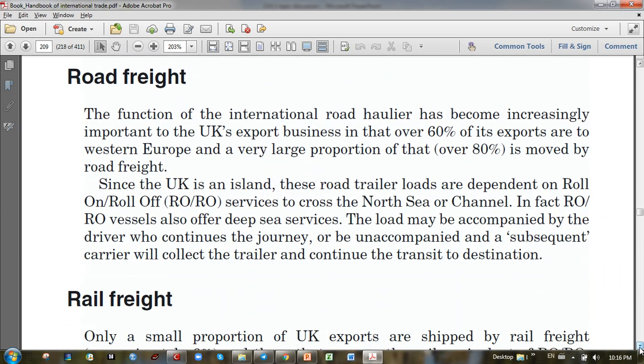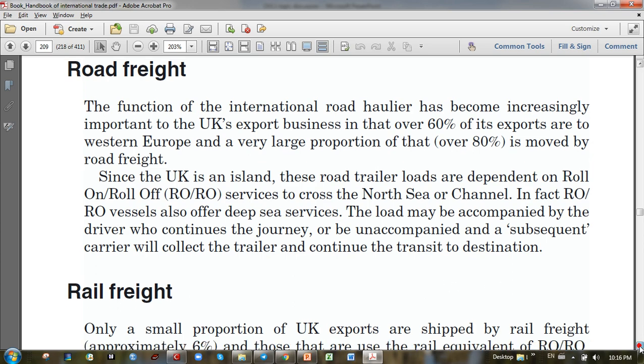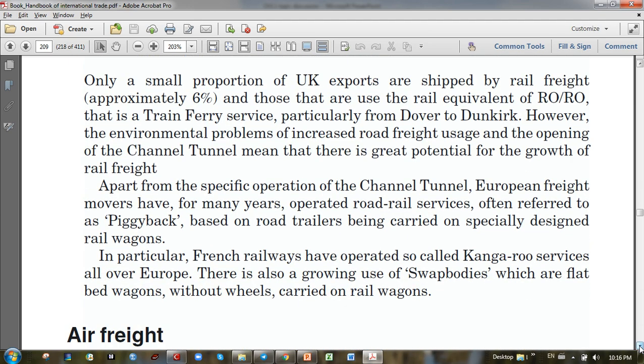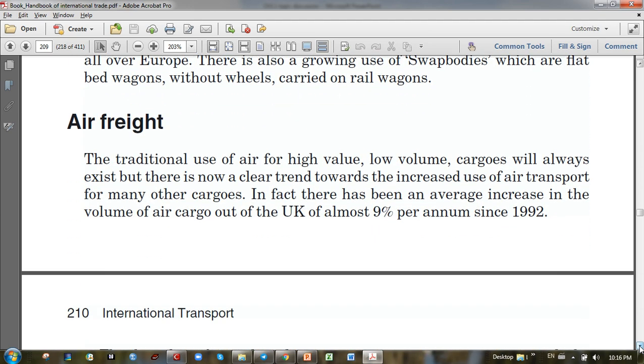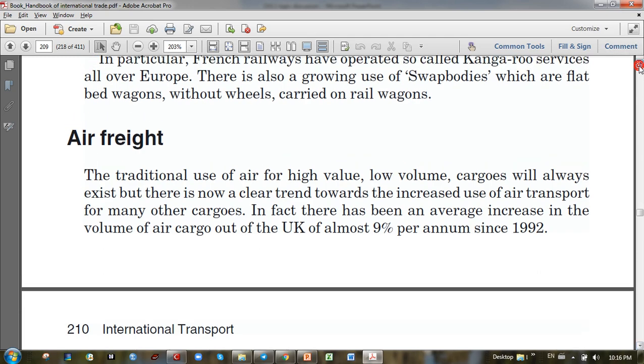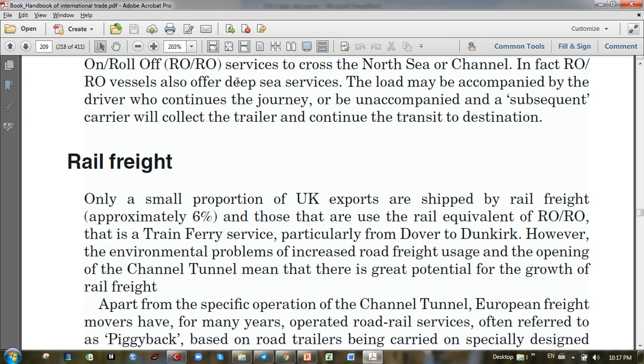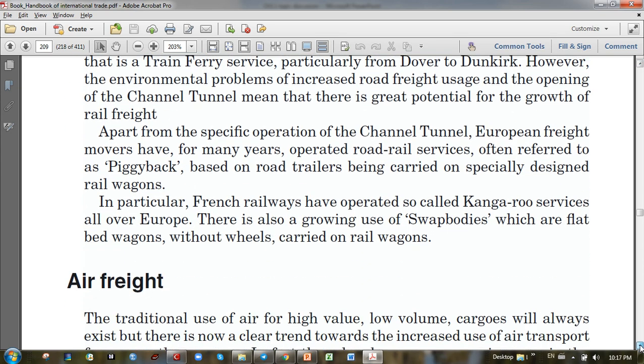Road freight is a little bit shorter, but you can find other sources to make it more detailed. Rail freight is also short, so you can find other sources. Then air freight.